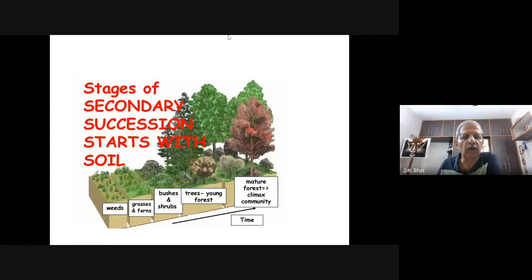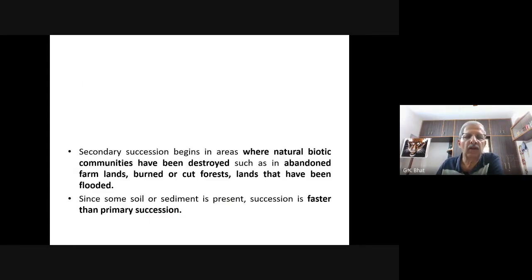So now let us look into the stages of secondary succession. Secondary succession starts where already some organisms were there. Secondary succession begins in areas where natural biotic communities have been destroyed, such as abandoned farmland, burned or cut forests, and lands that have been flooded.